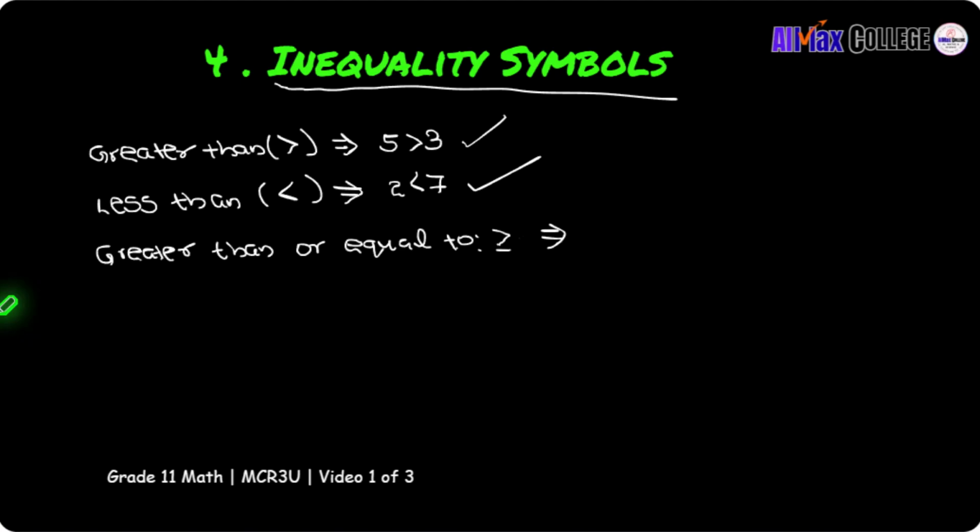This symbol has a little line underneath. x is greater than or equal to 0 means x can be 0, 1, 2, 3 or even 100. And the 0 is included.